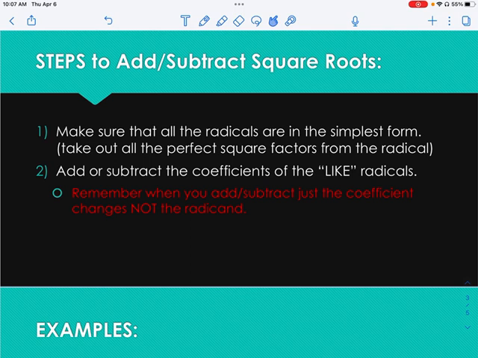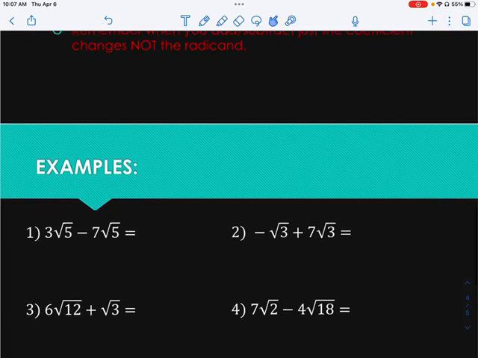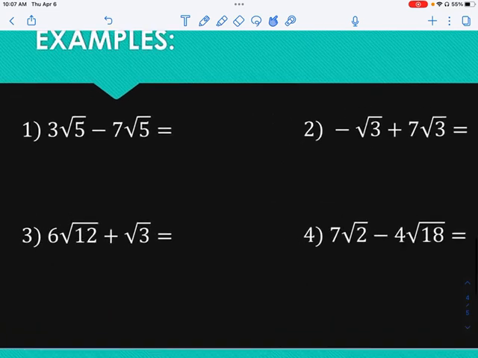Now, remember when you add or subtract, you add or subtract just the coefficients. The radicals do not change, okay? So square root of 3 stays square root of 3, square root of 2 stays square root of 2. Those do not change, just the coefficients, the numbers in front of the radicals, are the ones that change. All right, so let's give it a shot.